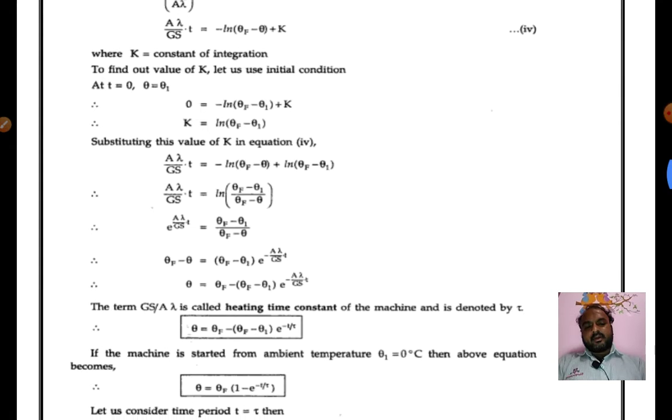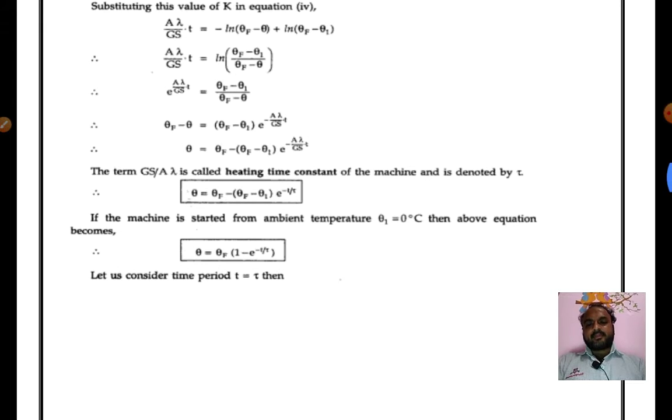After simplifying all those steps, with the heating time constant tau, theta is equal to theta F minus theta 1 into e power minus t by tau. If the machine is started from ambient temperature, theta 1 is equal to 0 degree centigrade, then the above equation becomes theta is equal to theta F into 1 minus e power minus t by tau.